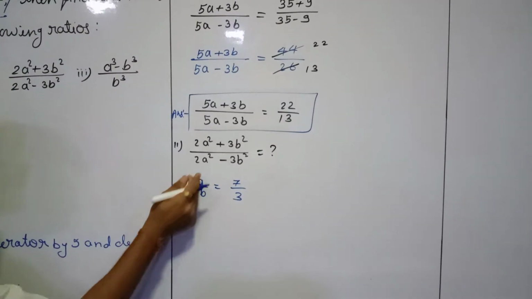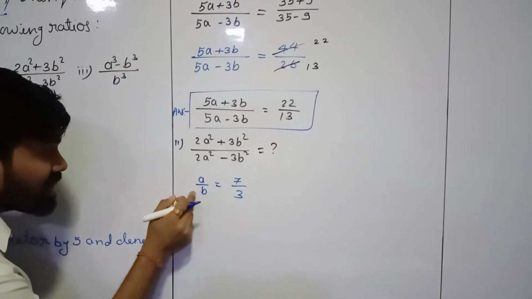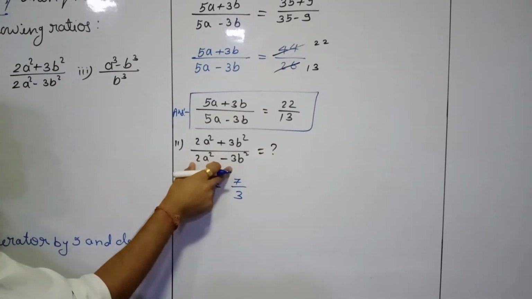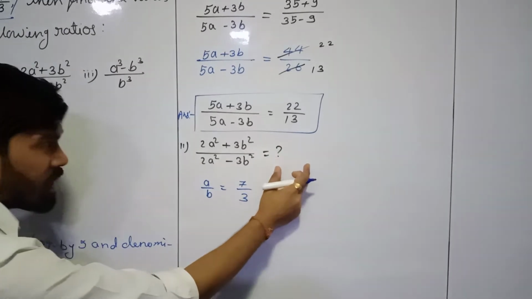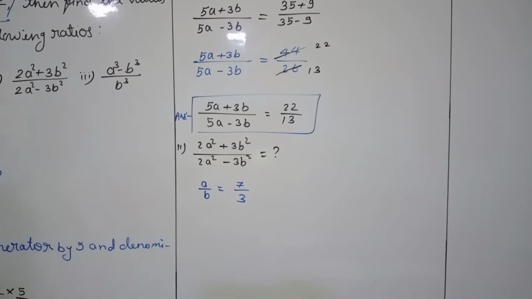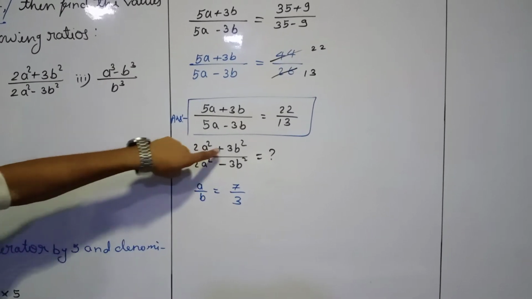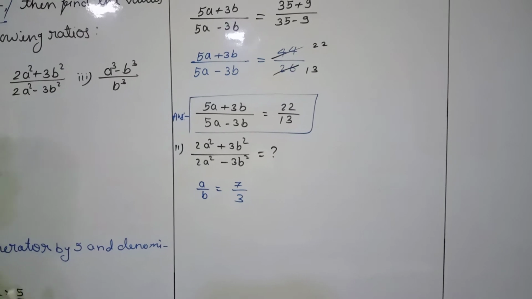Now we have to make whatever changes we want in a upon b to make it like this, and at the same time, what we get on the right hand side will become the answer of the given ratio. So see, we have a and b, and in the question we have the squares of a and b. So just do it.